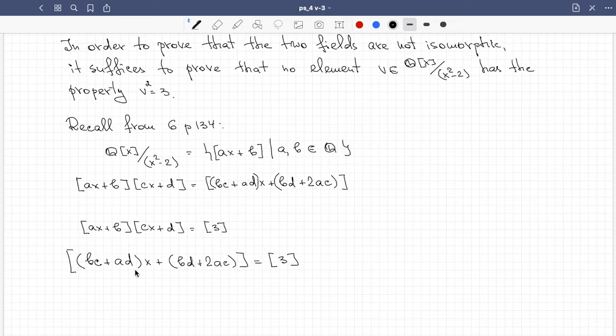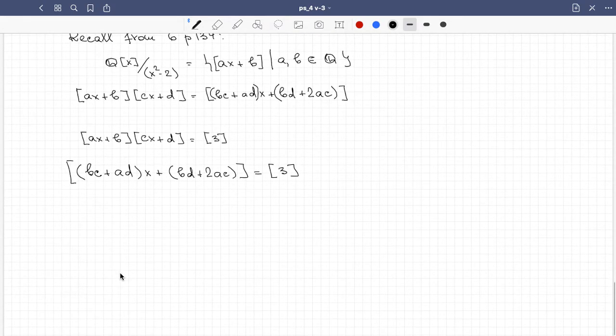These are two linear polynomials we discussed. To be in the same class, they must be the same. Two different expressions like ax plus b are in different classes modulo x squared minus 2. So the two polynomials must be the same.